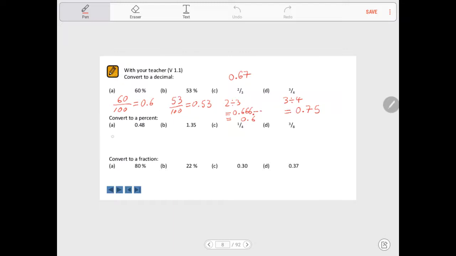So 0.48. We're doing the opposite to the ones above, we're multiplying. Now you can do this on the calculator too, but you might understand that you shift the decimal place 2 places to the right. This gives us 48, and because we're making it a percentage, we need to have the percentage symbol there. Okay, try part B, then I'll do it.